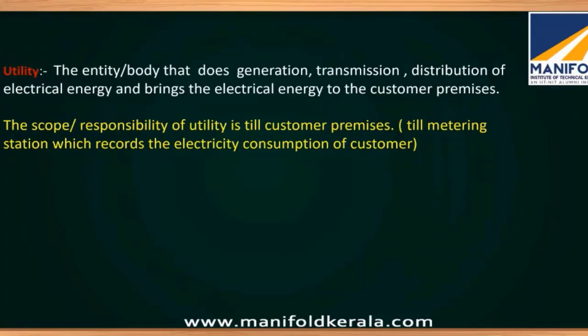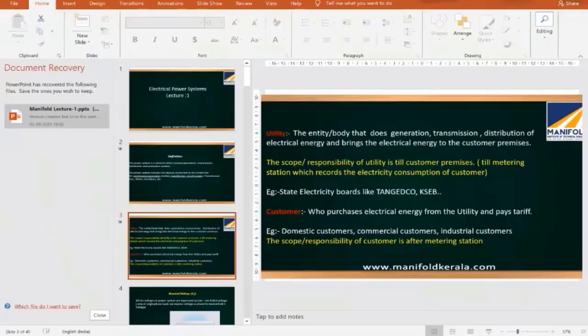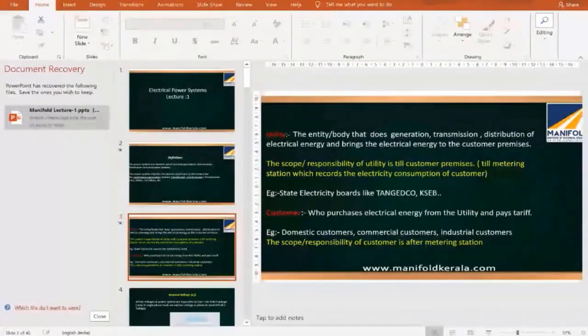So all the systems and bodies involved in bringing electrical energy to your household premises are called the utility. Can anybody tell what is the utility from which you are getting the power supply to your house? Very good, Kerala State Electricity Board. I'm happy.